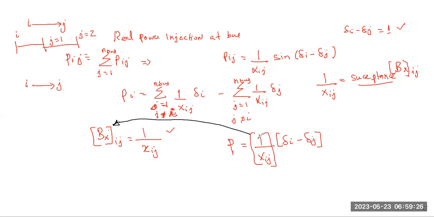So instead of 1 by Xij, I can write P is equal to Bij into (delta i minus delta j). This is primarily the formula that you will be using for this load flow analysis.